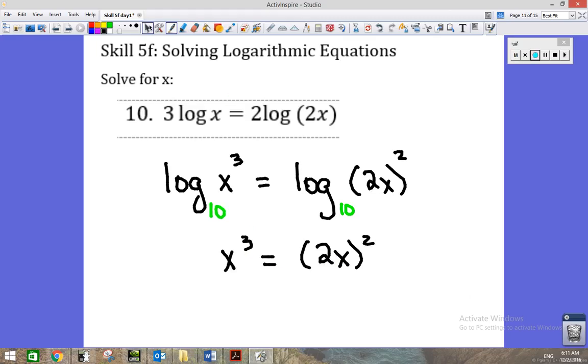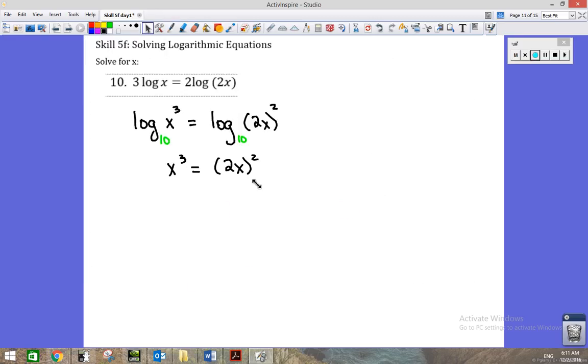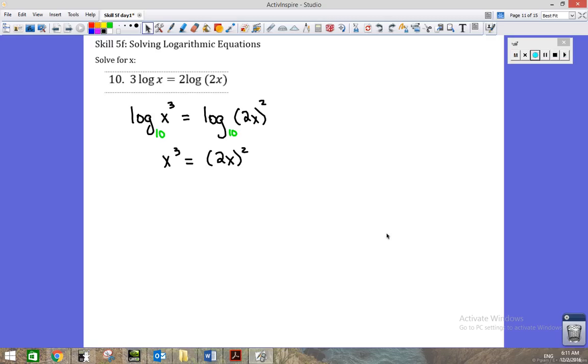Now this problem brings up a unique conversation about solving equations. We've seen, throughout many of these skill packets, that if you multiply both sides by a variable, you have to check for extraneous solutions. That's pretty easy to do. You just have to remember to check your answers.